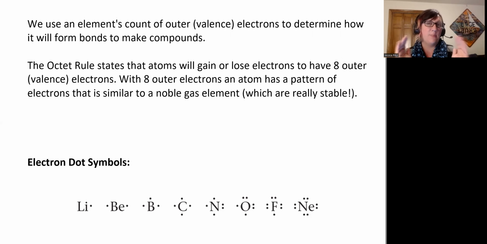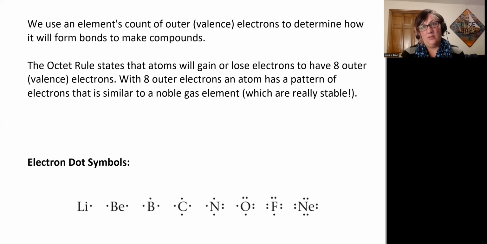There's only 8 spots in that outer position on the element. Above that, we would have what we call filled outer electrons, and we would start filling further away from the nucleus after that. So then you'd start with 1 further away, and then 2, and then 3, and then 4, and then 5, and 6, and 7, and 8, and then you'd go even further out and then fill.